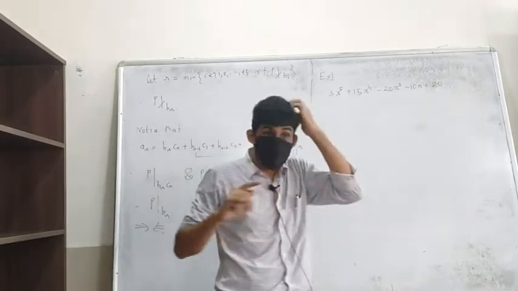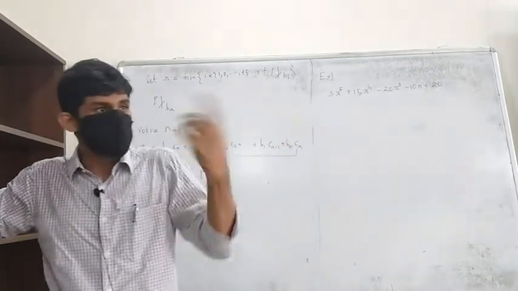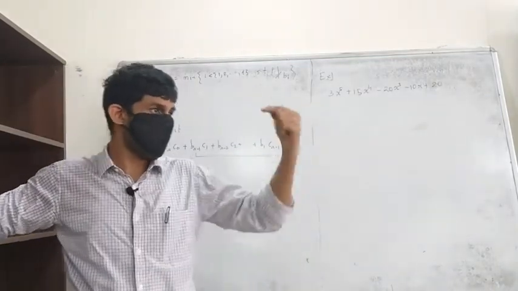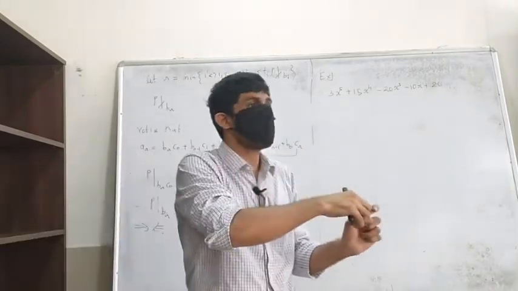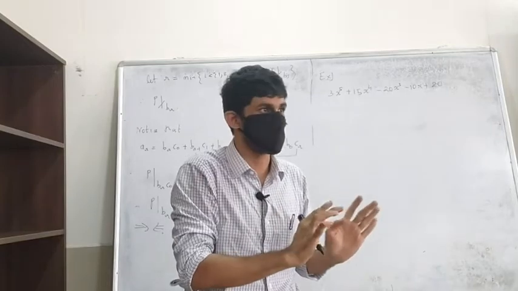Okay, so translations. If we look at translations in Z, a polynomial and its translation, a polynomial will be reducible if and only if its translation is reducible.